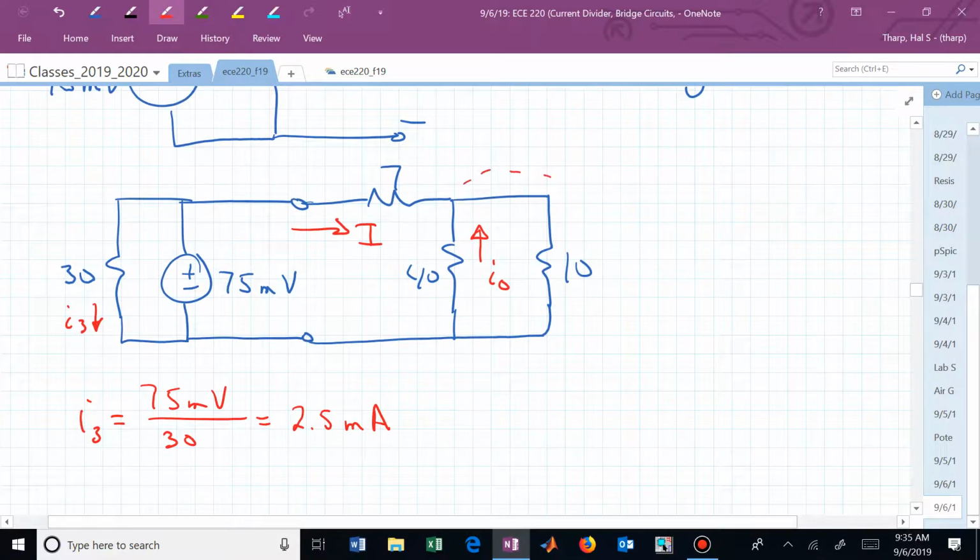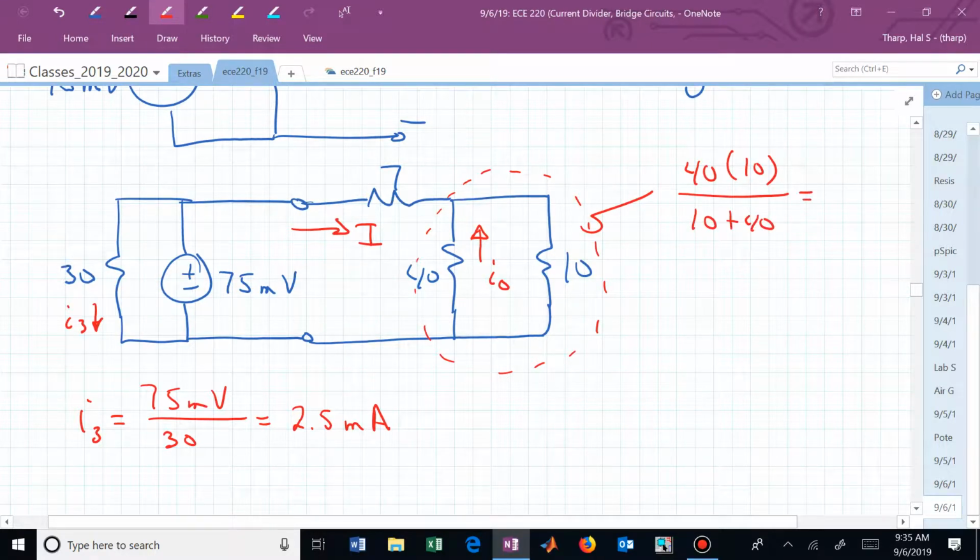Now do you see that we could collapse those two to quickly find capital I? Now we have an 8 ohm in series with the 7 ohm connected to this 75 millivolt source.